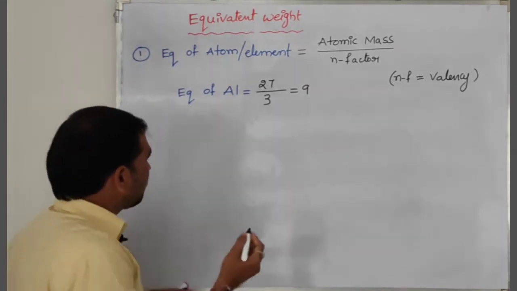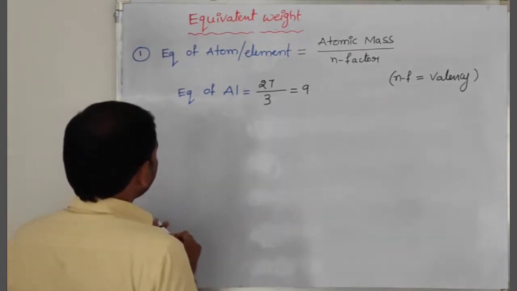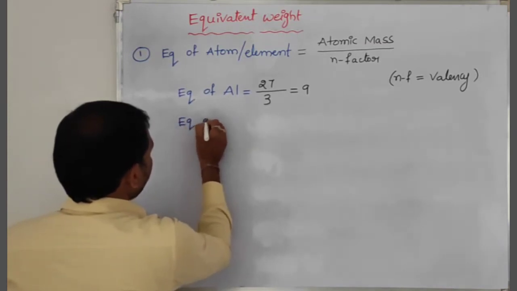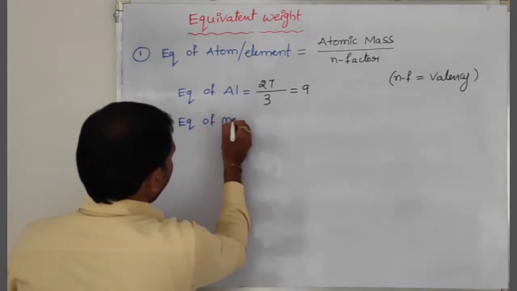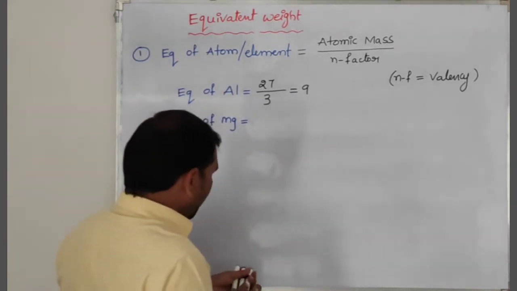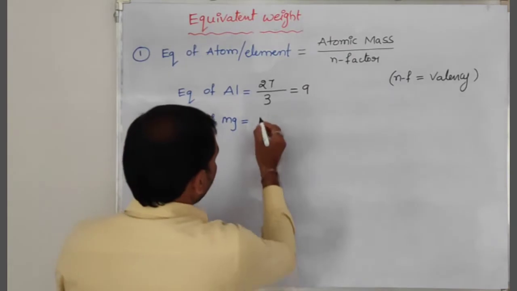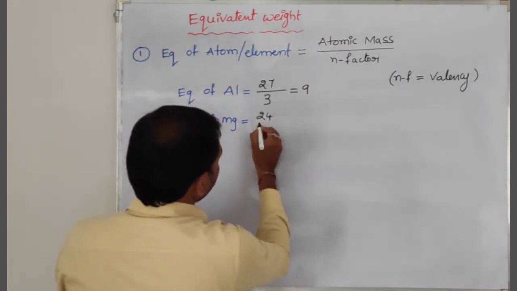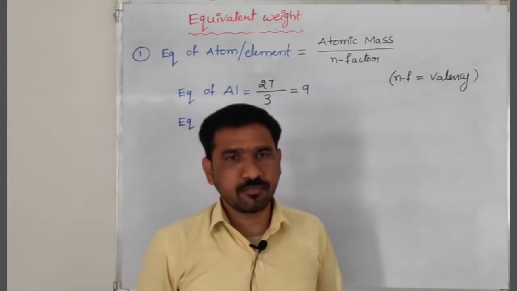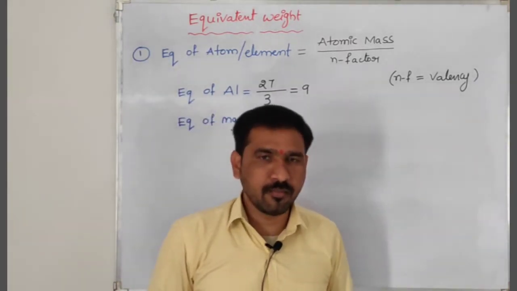Like that, let me calculate the equivalent weight of magnesium. Equivalent weight of magnesium, Mg, is equal to atomic weight of magnesium, 24, divided by its valency. What is the valency of magnesium? It depends on its group number.